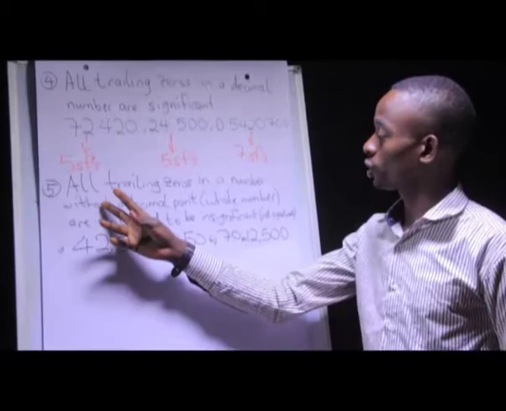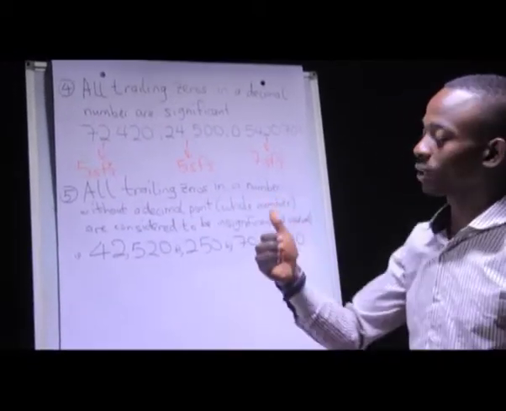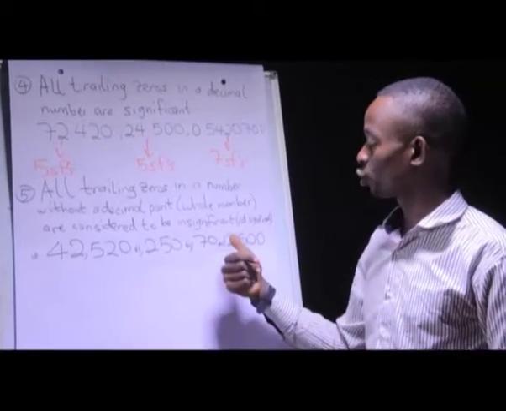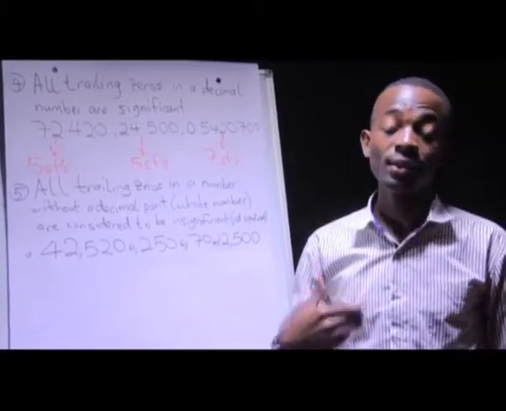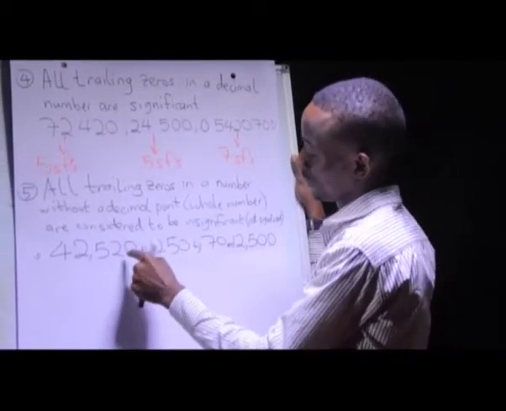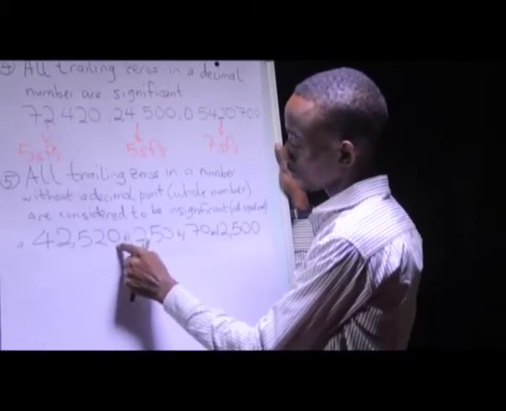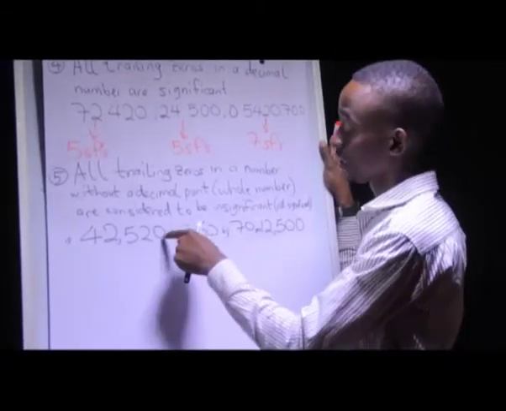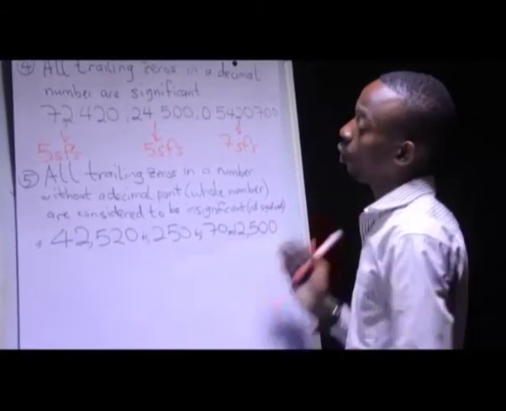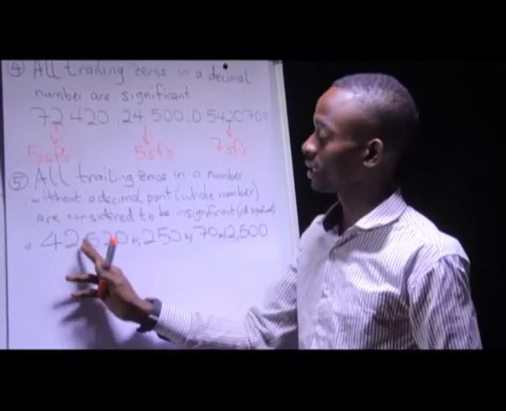Now, based on this condition, all trailing zeros, in other words, the zeros which come at the end of a whole number, are said to be insignificant or not significant. So when I look at this number, I have a 0 at the end. And based on this condition, this 0 is not significant. This 0 can only be significant if there was a decimal point here.